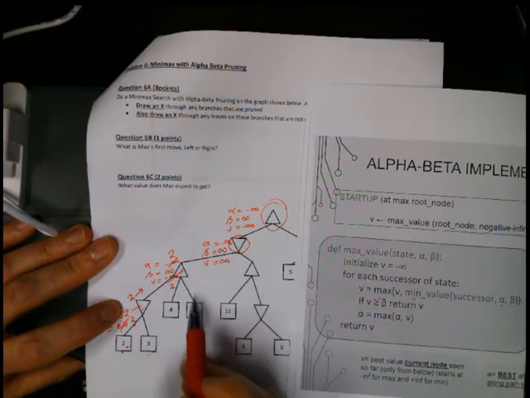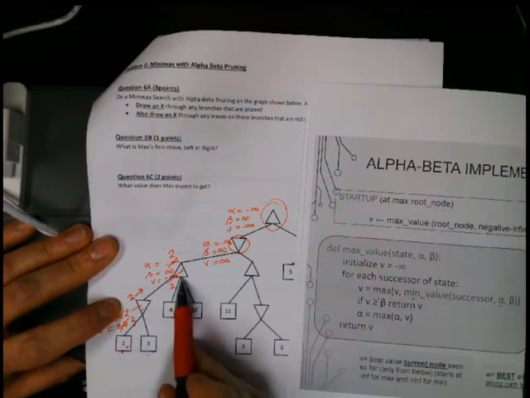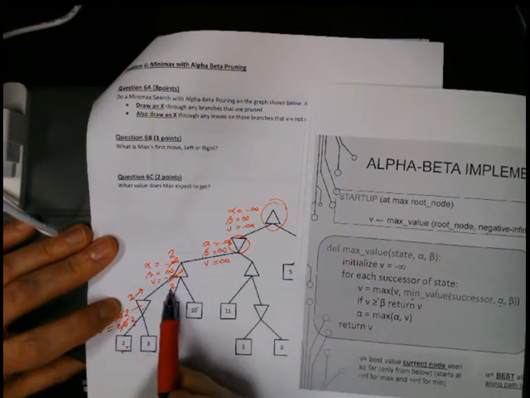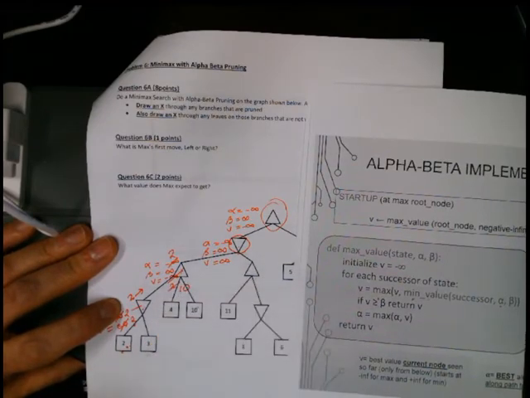And now we're in the for each successor of state, so we will run this on the second child. It just returns a value of 10, and we are going to pick the maximum, right? V gets the max of the current V, which is 2, and this one, which is 10, so you cross that out, and there's a 10. Is V greater than or equal to beta?